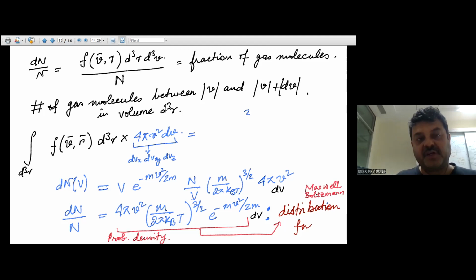So that's where we derived it from, right? And the distribution function or the probability density is 4 pi v square, m by 2 pi kBT to the power 3 by 2, e to the power minus beta mv square by 2, or mv square by 2 kBT. So this is wrong, of course.